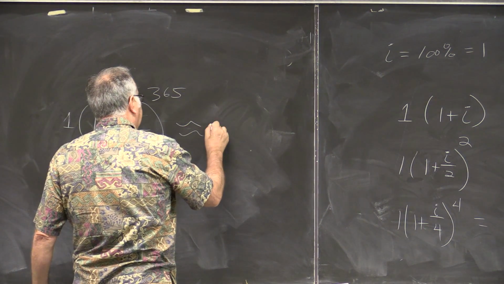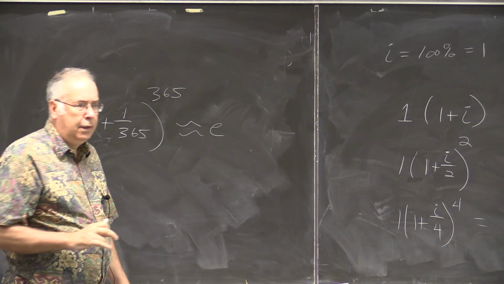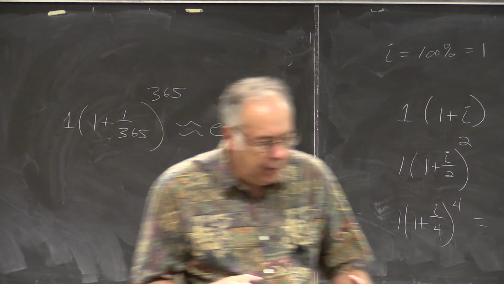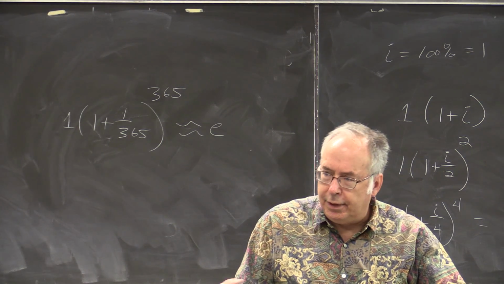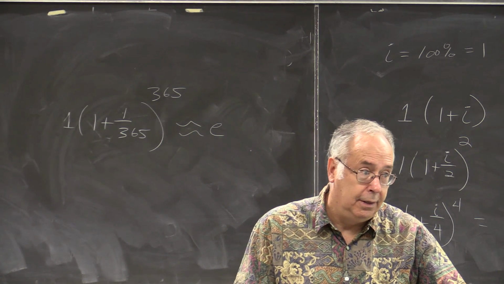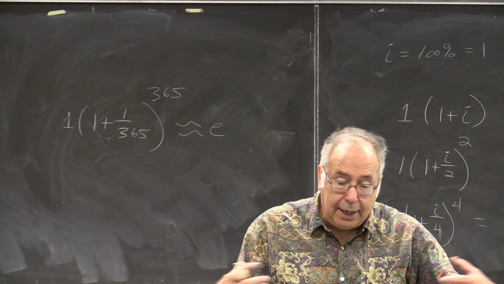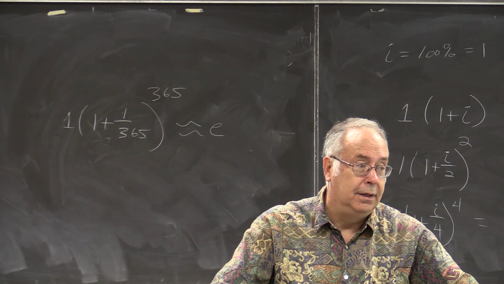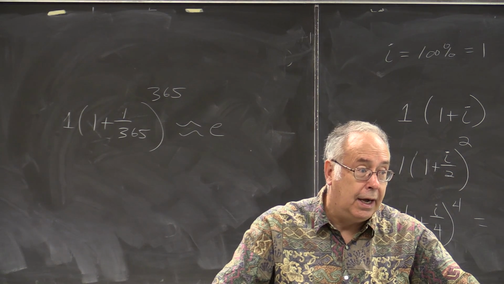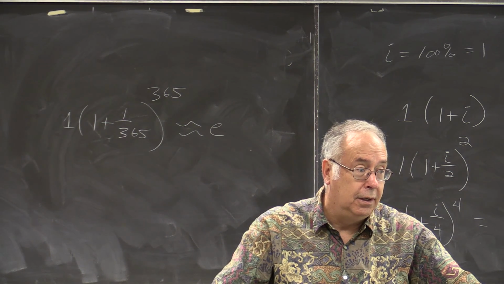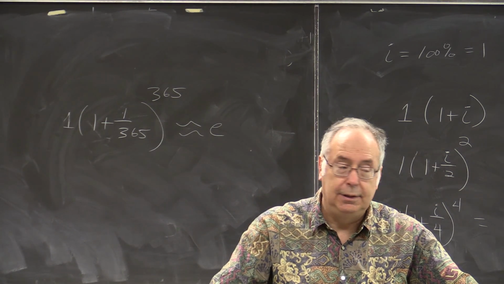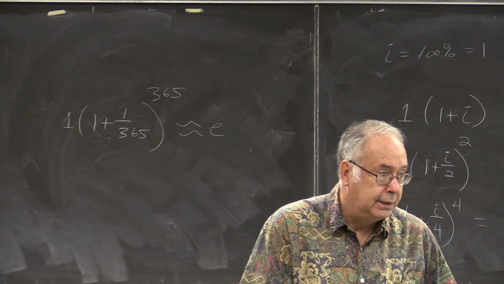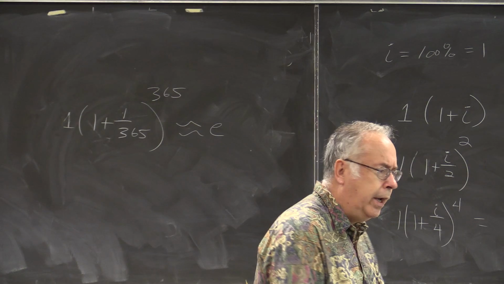So that's the book's economic interpretation. In other words, suppose you have an annually compounded interest rate of 100% per year, but the compounding is continuous. Then $1 at the end of a year would be worth e dollars, approximately 2.7128.